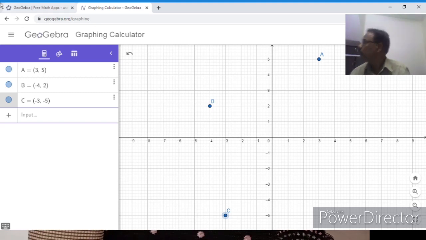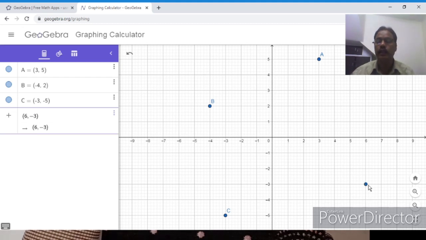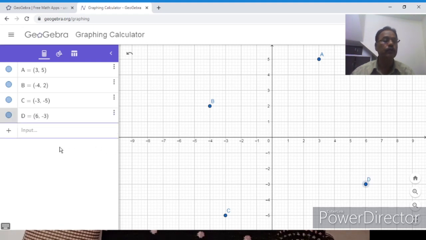And point D, it was in the fourth quadrant. Let us see, was it or not. Point D, 6, -3. You can see here this point already comes in the fourth quadrant. Point D is in the fourth quadrant.